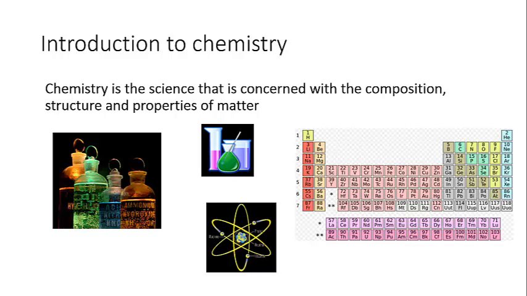Introduction to Chemistry. Chemistry is the science that is concerned with the composition, structure, and the properties of matter. All of the objects that we encounter on a daily basis, this would include things like pens, blankets, refrigerators, and all of the things that we encounter in nature, such as plants, animals, streams, and rocks, are all different forms of matter.